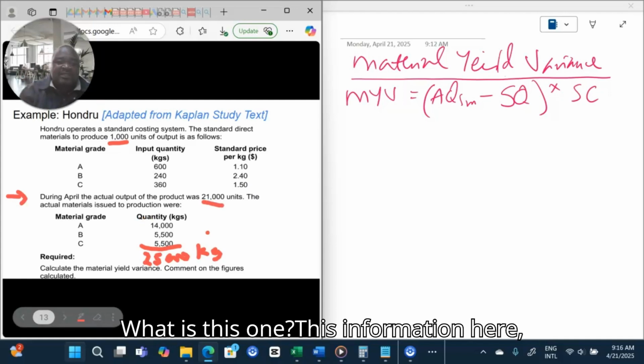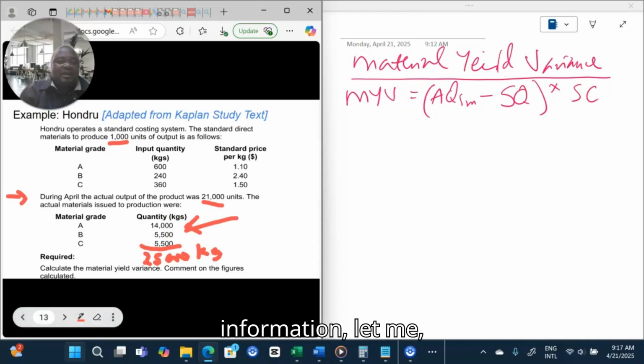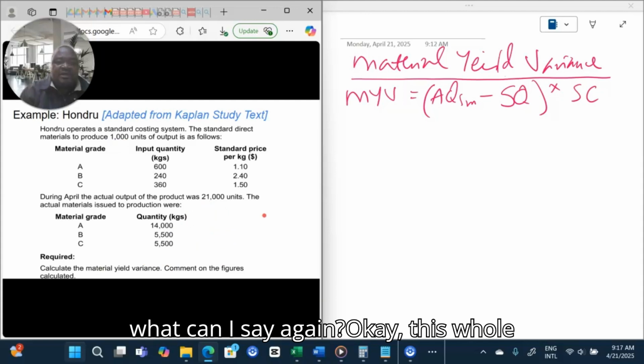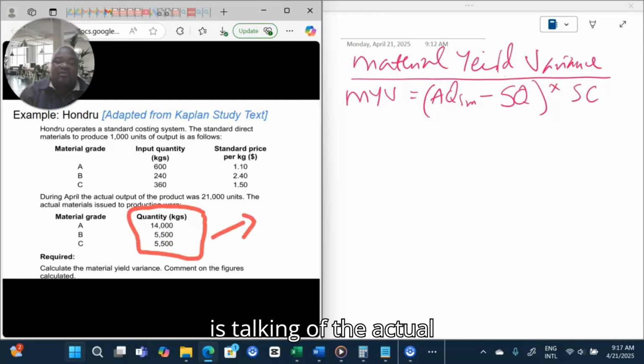What is this one? This information here, the first information, this whole information, all right, is talking of the actual quantities in standard mix.